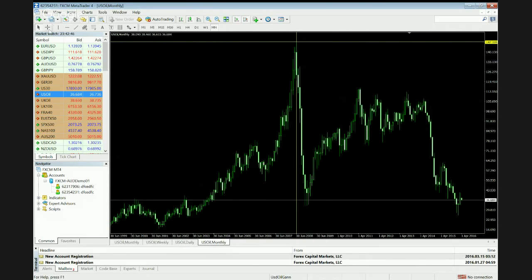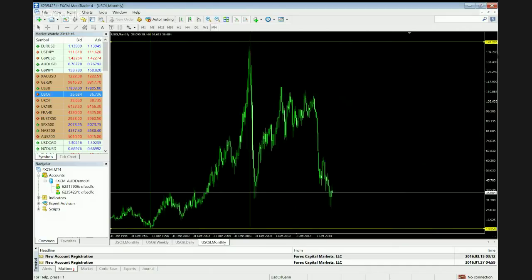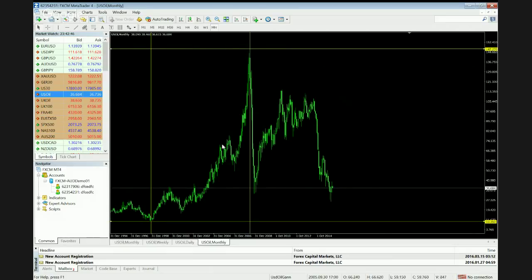I want to be precise, so just let go, and the high is 14727, and the low is 1035. Now this is the base of our forecast.